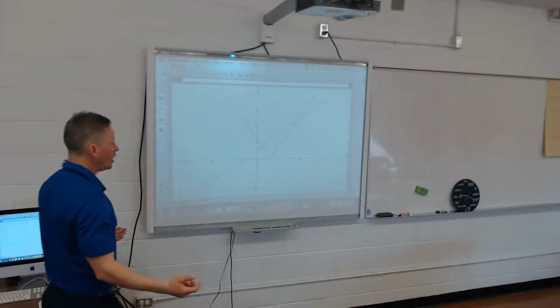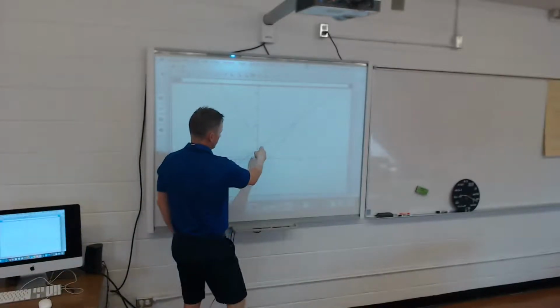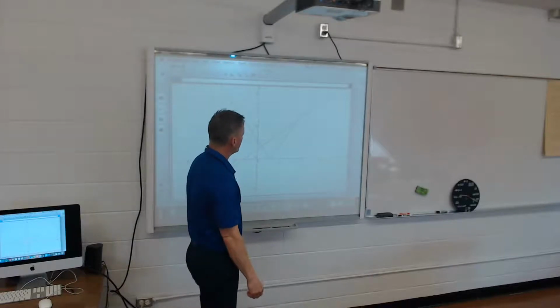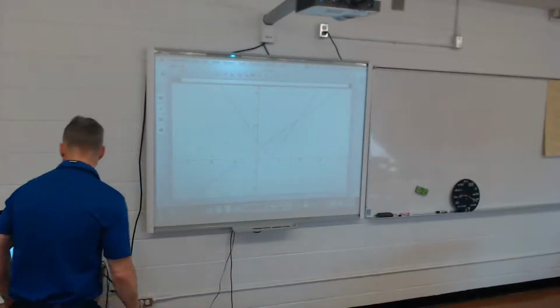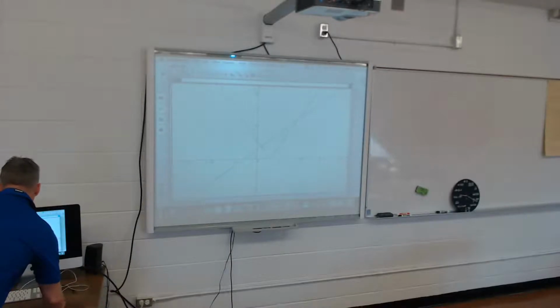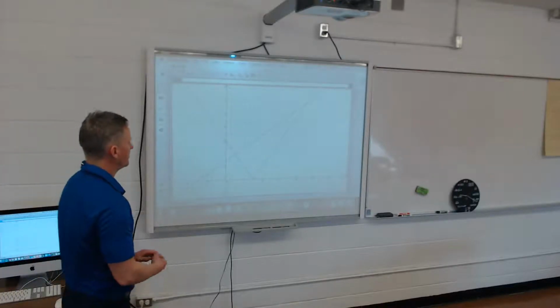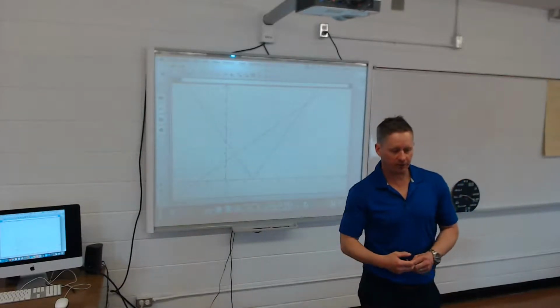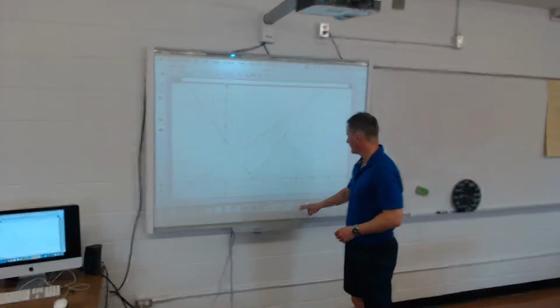I don't know how well that shows up, but the first intersection point is right here, 1 and 4. The next intersection point is up here, which is 9 and 12. Hopefully that is a little bit better. All right, so that's another way in which we can graph an absolute value to solve for unknowns.